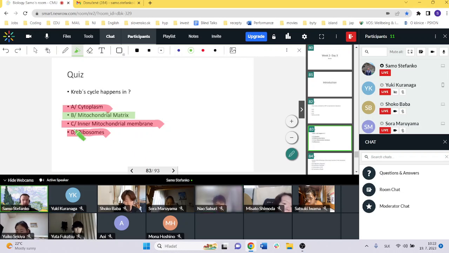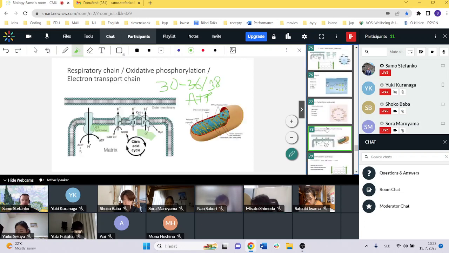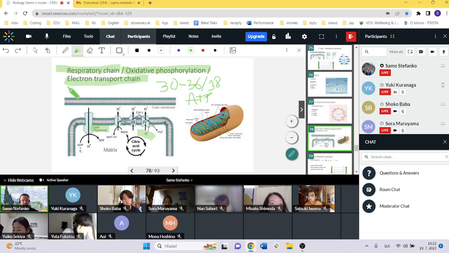Oxidative phosphorylation, the synonym terms being respiratory chain or electron transport chain. All of those titles are correct, so whichever you want to use, you are able to. I guess oxidative phosphorylation is the most common term for this pathway.